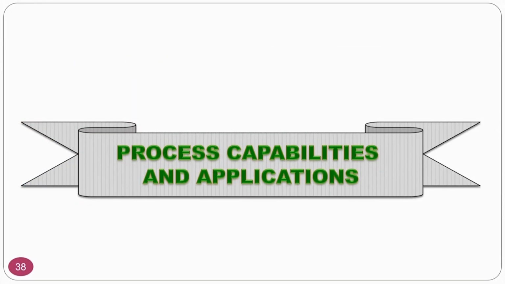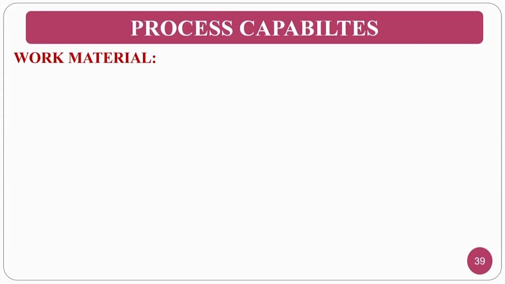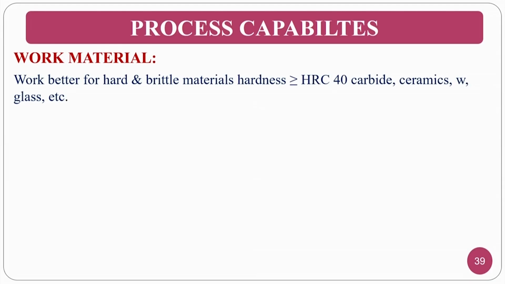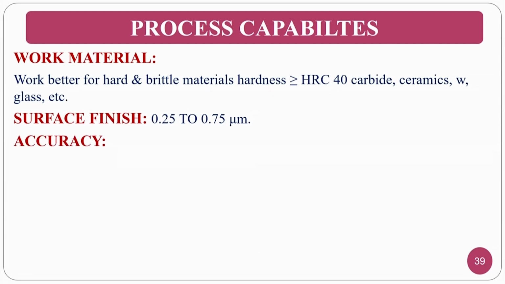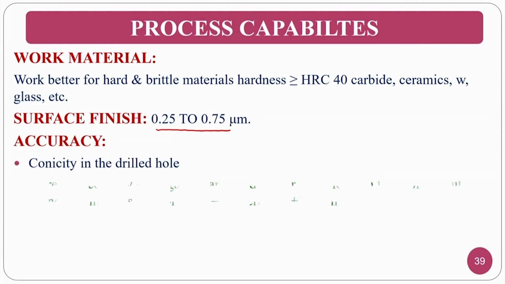Process capabilities and applications of this particular ultrasonic machining process. If the workpiece material is hard and brittle, that means HRC 40 and above, normally carbide and ceramics will be used for machining. The surface finish that you can achieve is 0.25 to 0.75 microns, and accuracy consistently in drilled holes normally you can achieve.